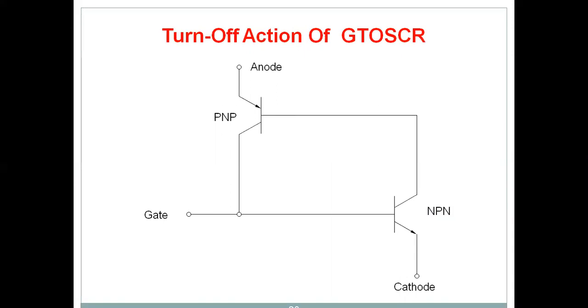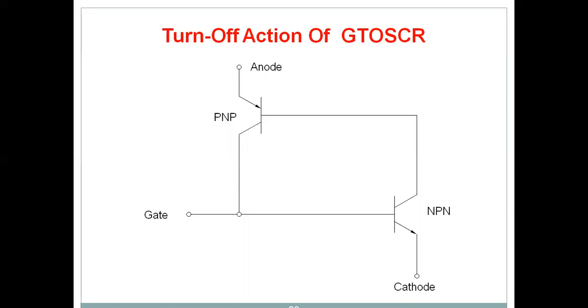In ordinary thyristors, the current gains of the two transistors, NPN transistor and PNP transistor, are very high, so that gate sensitivity for turn-on of the thyristor is high, and hence the on-state voltage drop is low.